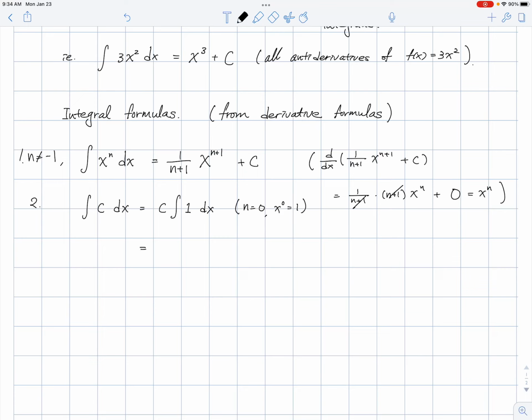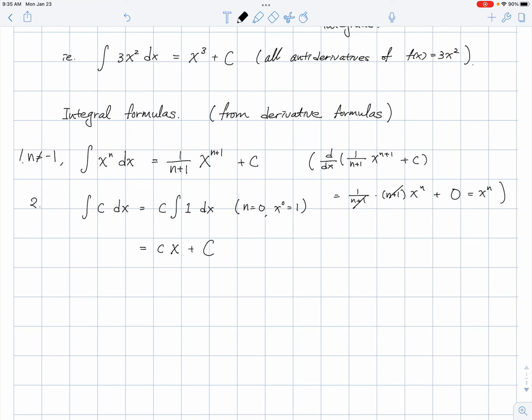Then for the integral of 1, you don't have to apply the first formula. You can just know that the derivative of x is equal to 1, therefore the antiderivative of 1 is equal to x. Okay, so either way works. And then plus any constant.